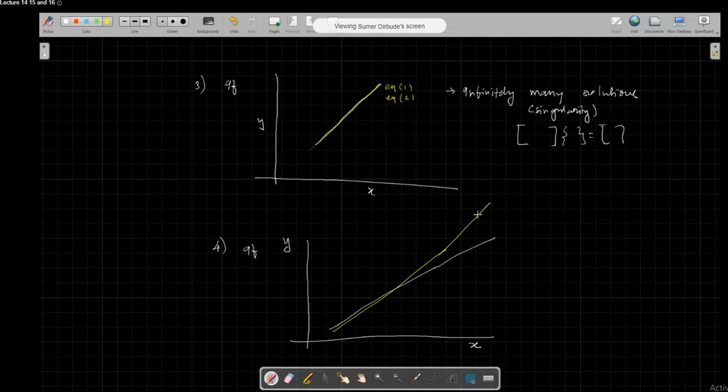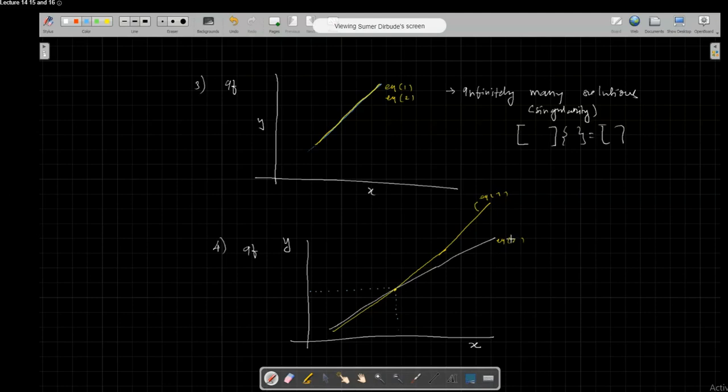So this is equation 1 and this is equation 2. And now here is the solution. This is our solution.